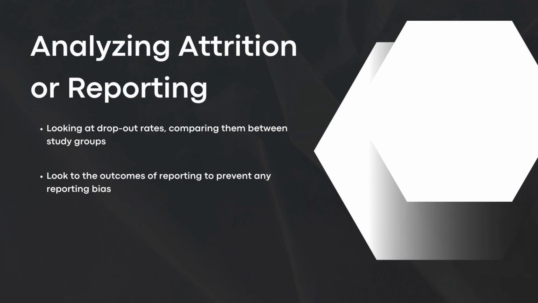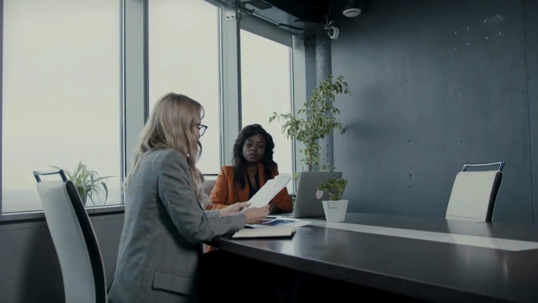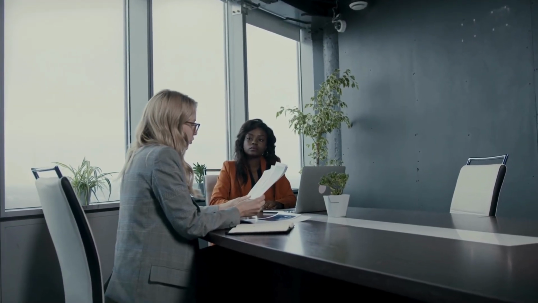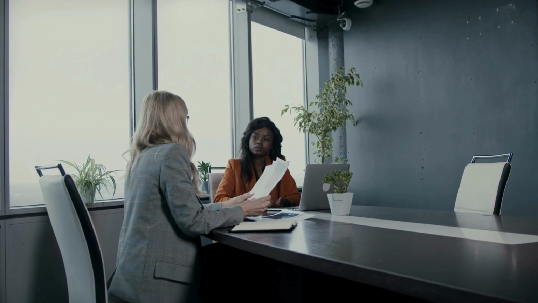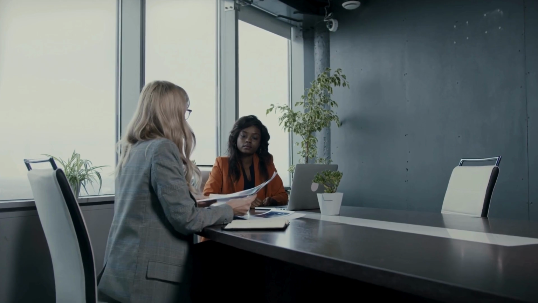Investigate whether all the pre-specified outcomes were reported to prevent any reporting bias. And here we can also consider how any missing data was handled, and we can scrutinize any post hoc changes to the study protocol. So that's how we can detect any type of bias while doing critical appraisal.